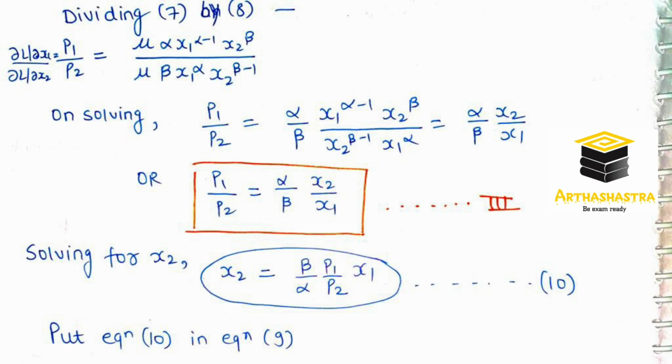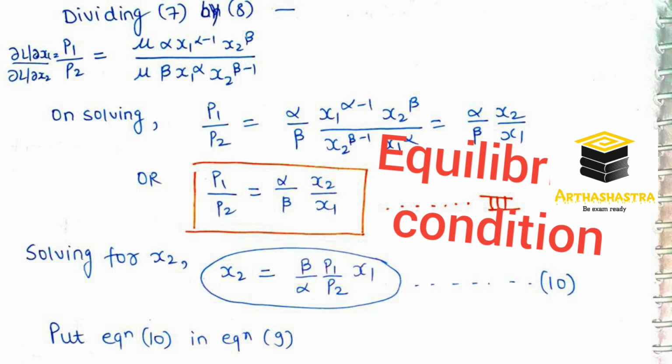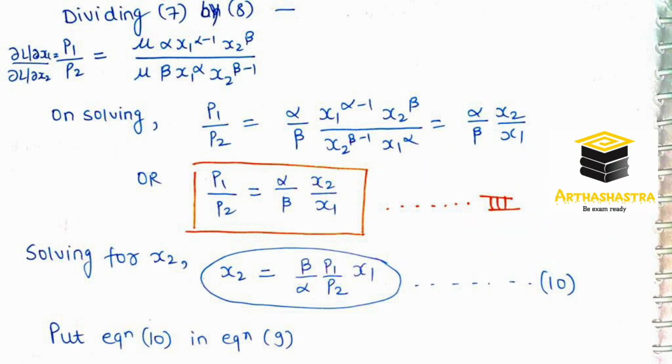Note that this is the condition which we derived earlier as well. Why so? Because this is the equilibrium condition, and no matter whether we derive it by the utility maximization problem or the expenditure minimization problem, it will remain the same. Okay, so we mark this equation as equation 3.